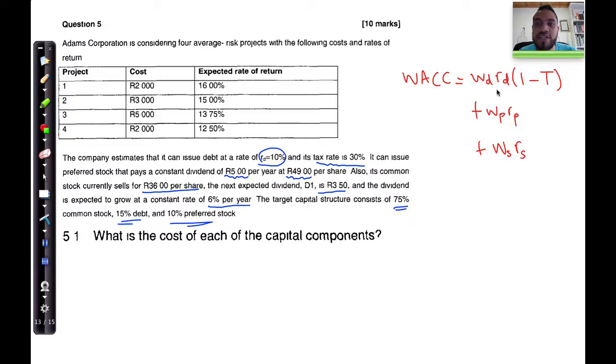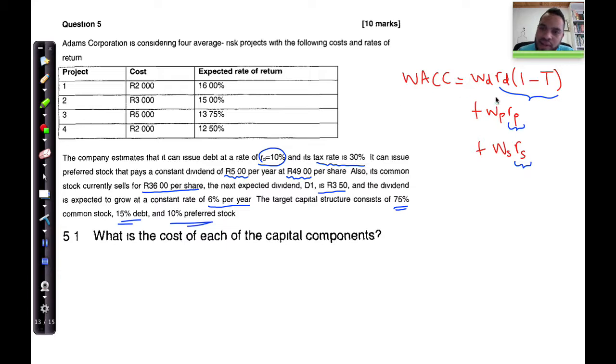So this looks at 3 sources of capital. The first one is we can gain our capital from debt, which is reflected in this cost over here. That's the cost of debt. Then over here we have the cost of preferred stock, or the rate at which preference stock investors want to be repaid. And then finally over here, the rate at which common equity investors should have a return. Okay, so those are the 3 costs.